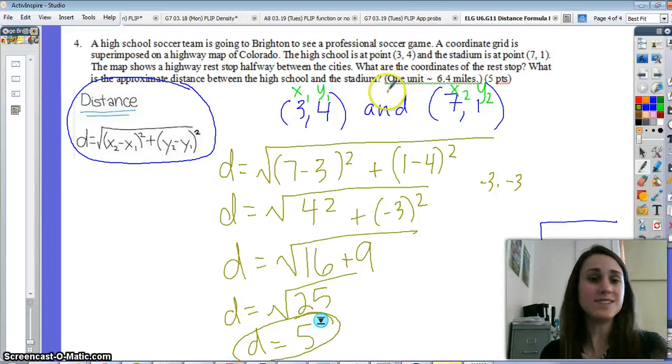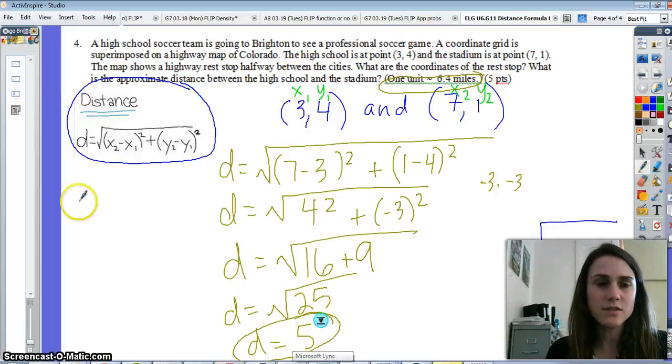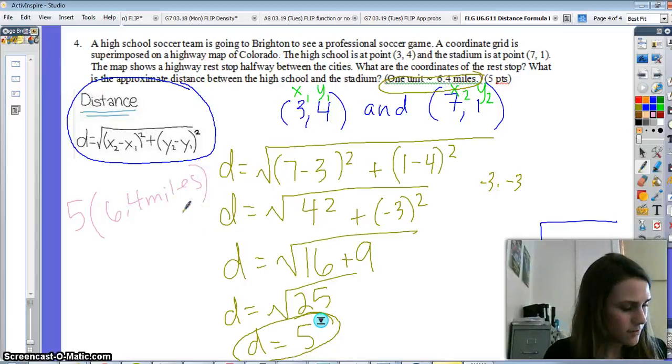So the first part of my question is asking me what's the distance between these points, but 5, that's not like a real world term or number or unit. Oh, I look here and I see that 1 unit is 6.4 miles. So I'm going to take this distance of 5 units and multiply that by 6.4 miles. 6.4 times 5, I think it's going to be 32.5.